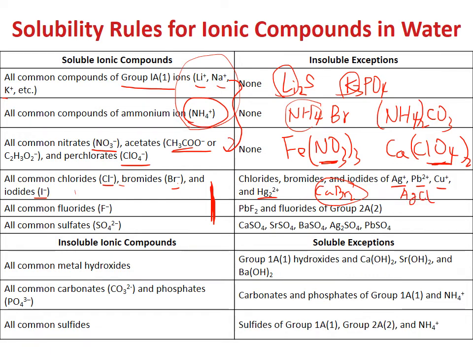Silver chloride is insoluble. It's a white precipitate. And lead bromide, that is an insoluble compound. So any chloride, bromide, iodide combined with silver, lead, copper, mercury, these are exceptions.